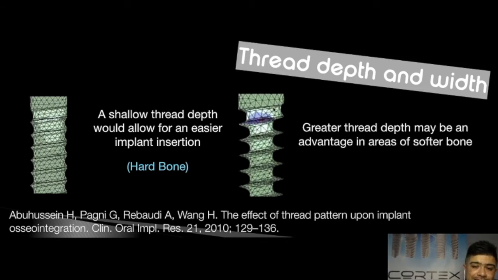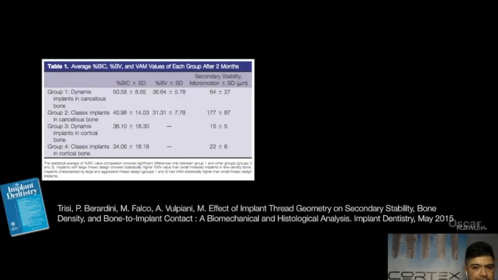For the dynamics implant, we have a greater thread, and maybe this is an advantage in areas with softer bone, like the maxilla. In this study from Paolo Trisi and collaborators, we can see that the dynamics implants work very, very good in soft bone.